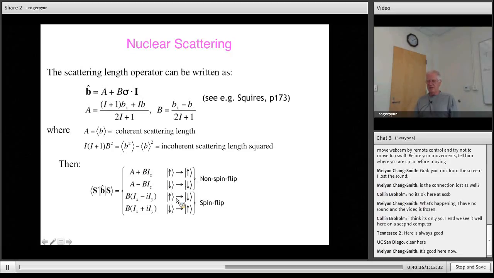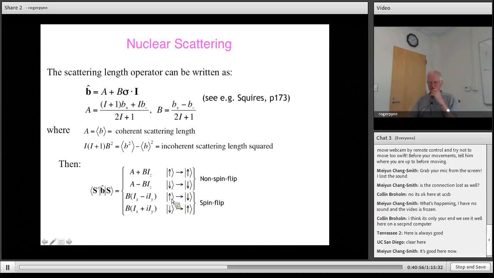On the other hand, if we look back at these ladder operators that I was talking about earlier, if you have this combination of nuclear spins, Ix minus the square root of -1 times Iy, then you do get spin flip. So what have I told you there?